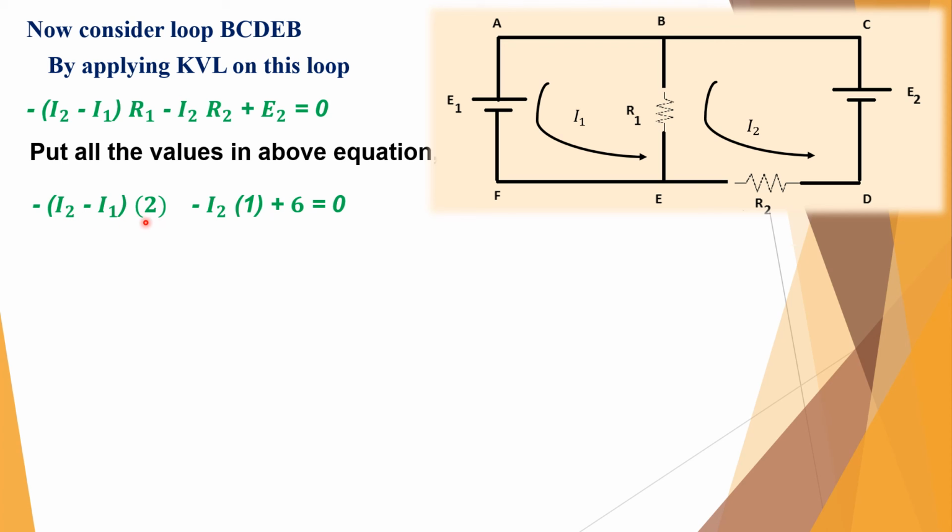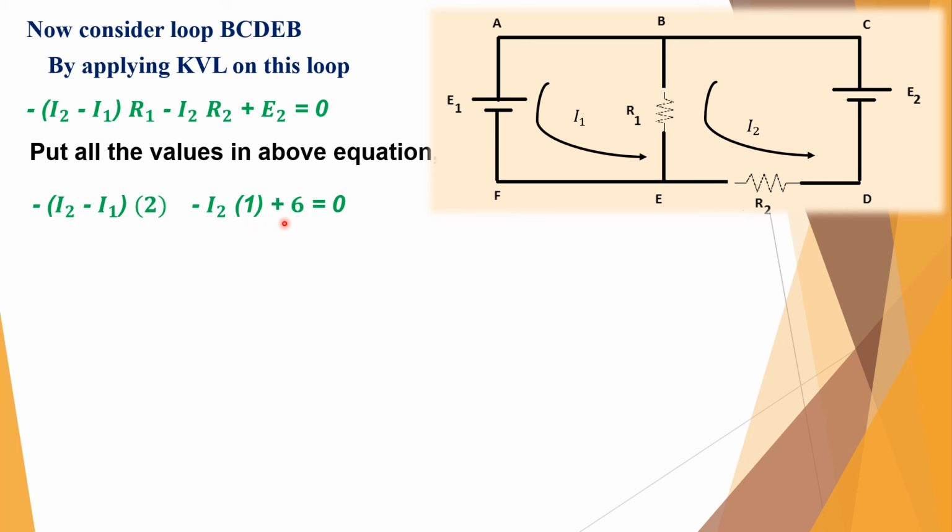Actually, I2 minus I1 is the total current, and total current into R1 is potential, and potential drop is written with a negative sign. Across resistor R2, there is a potential drop that can be written as minus I2 into R2. I2 R2 represents potential and the negative sign represents the potential drop across resistor R2.